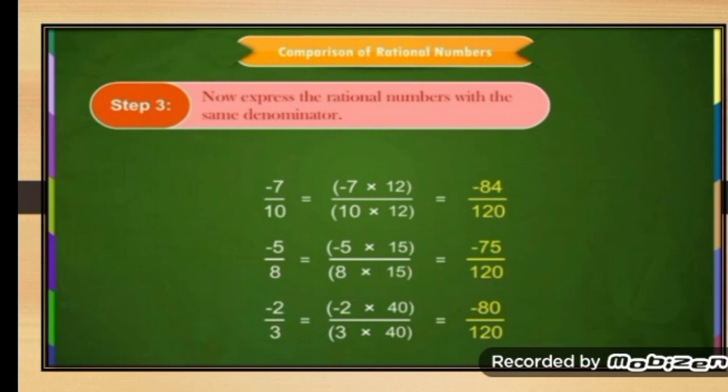Now see the third rational number minus 2 by 3. To make 3 equal to 120, we will multiply it by 40. Similarly, we will multiply the numerator by 40 also. After multiplying, we have the rational number minus 80 by 120. Now we will arrange these rational numbers in ascending order.